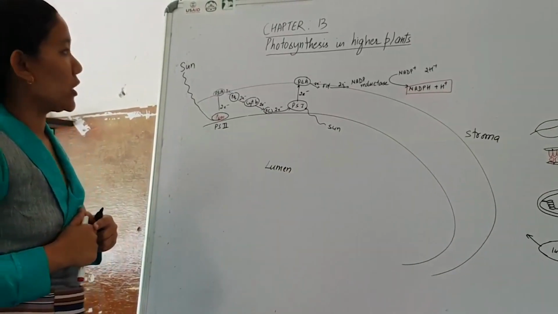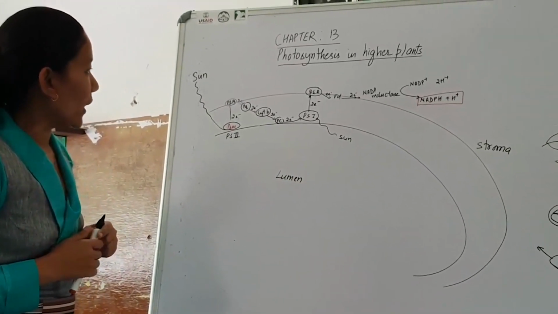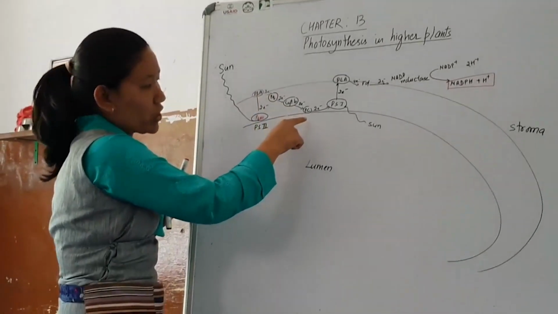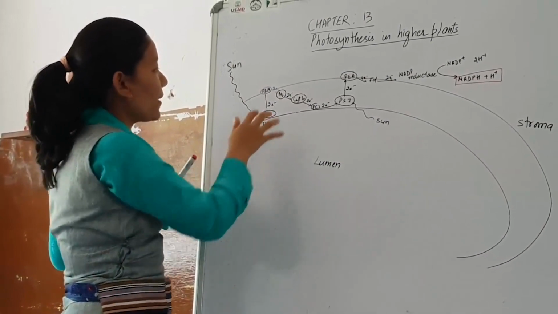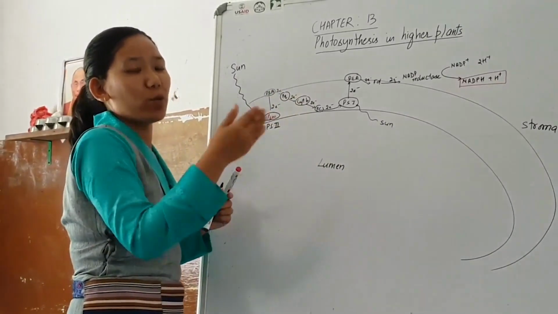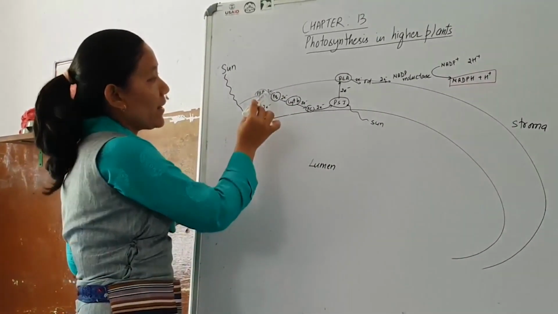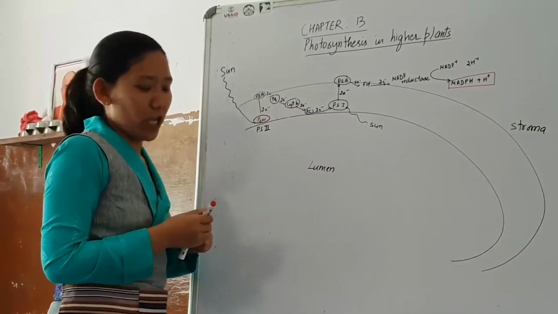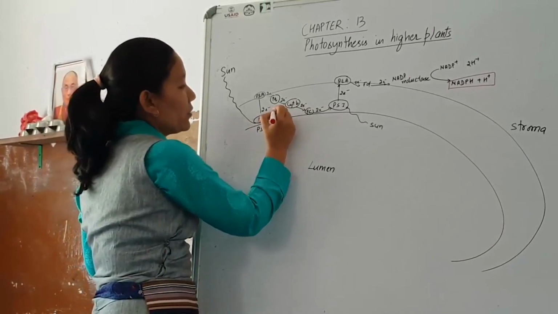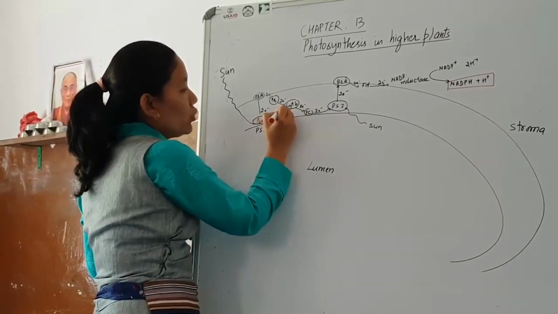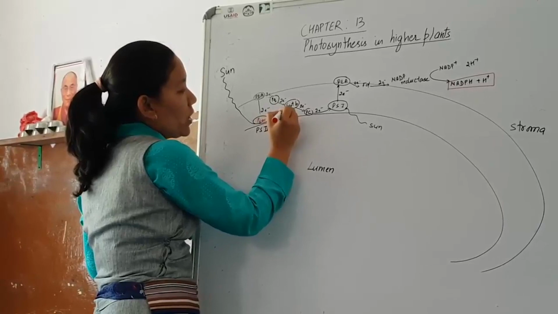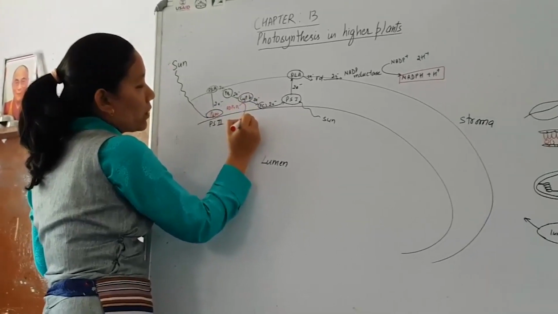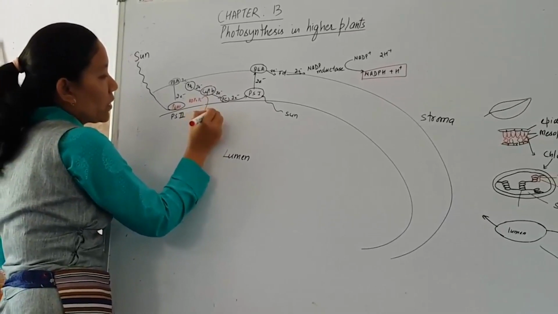Now again, especially here in this electron transport chain, some energy is derived, and the detailed part we shall discuss in another topic. Some energy is derived which helps in the synthesis of ATP. So here we just directly write adenosine diphosphate plus inorganic phosphate forms ATP.